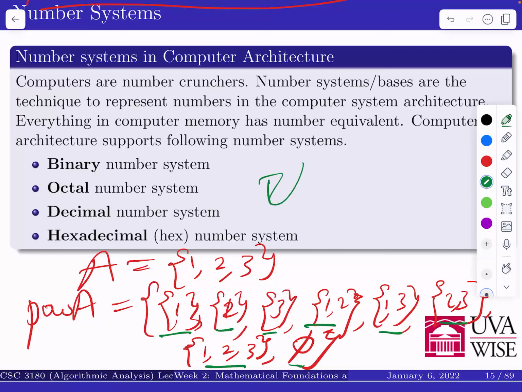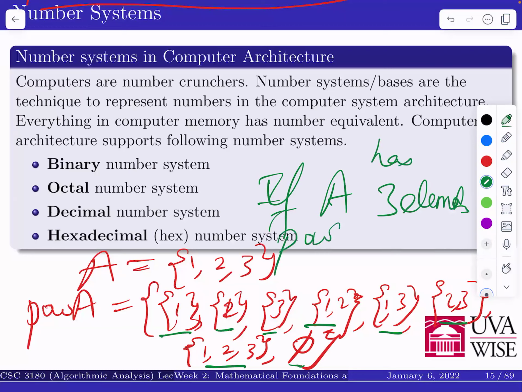So if A has 3 elements, the power set of A has 2 raised to power 3, which is 8.